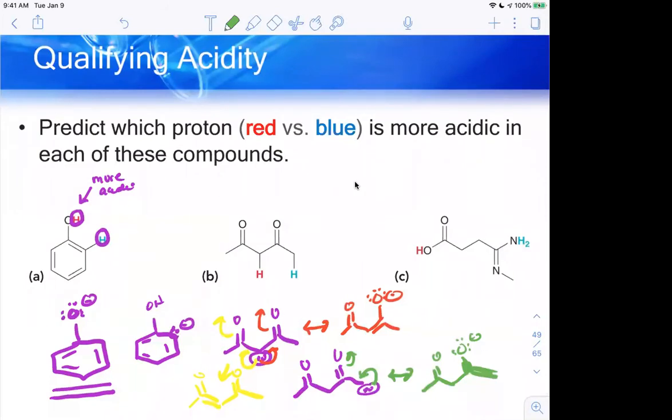So this hydrogen has actually three resonance structures, and this one only has two resonance. This is more stable, so that hydrogen is more acidic.